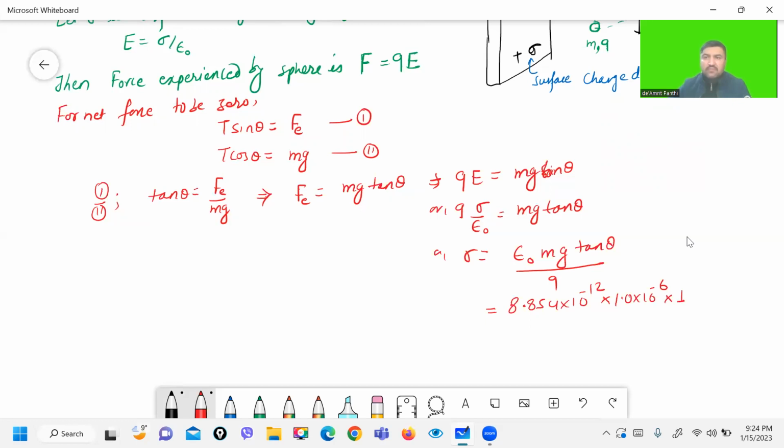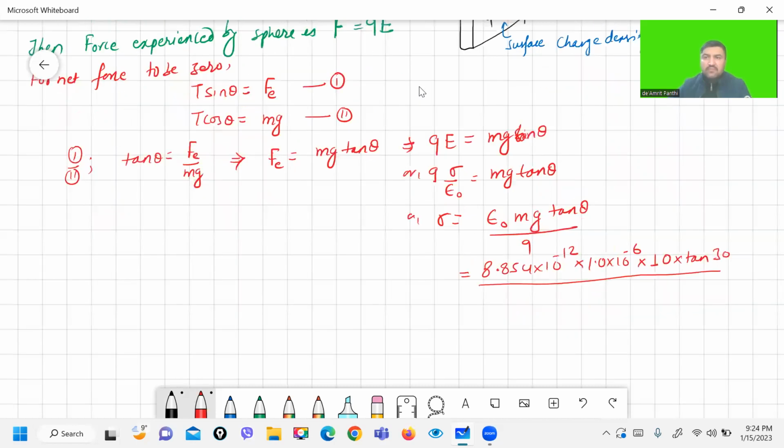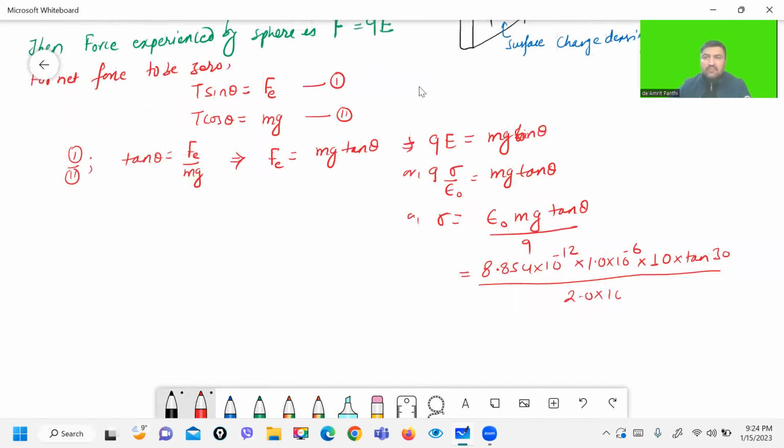Let's use the value 10 for g, tan theta is tan 30°, and the charge is 2.0 × 10^-8 coulomb. Upon calculation, we get the answer 2.52 × 10^-9, and the unit of surface charge density is coulomb per meter square. So this is the answer.